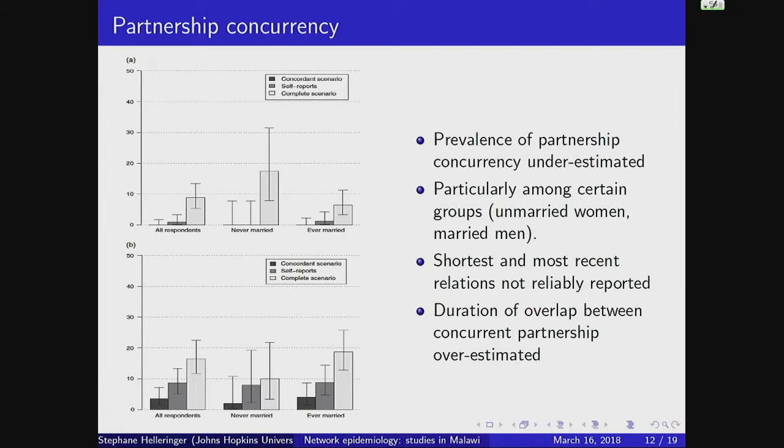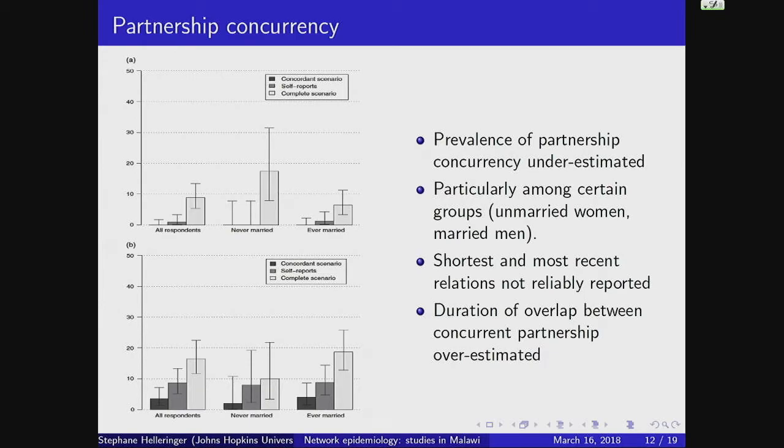So here, for example, we compared self-report about concurrency, so the number of people an individual reports being engaged in simultaneous relations with, to what other people in the network may also report about that person and their behaviors.